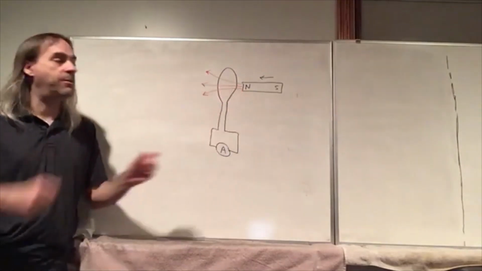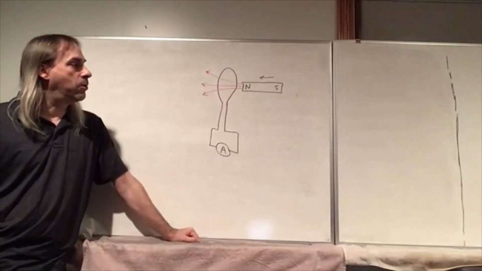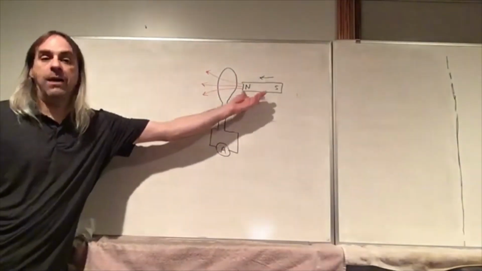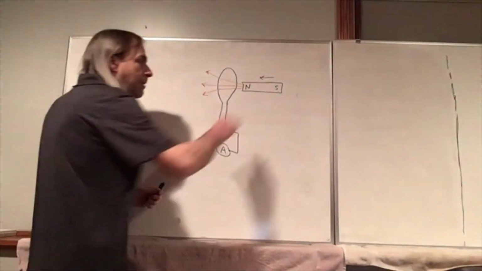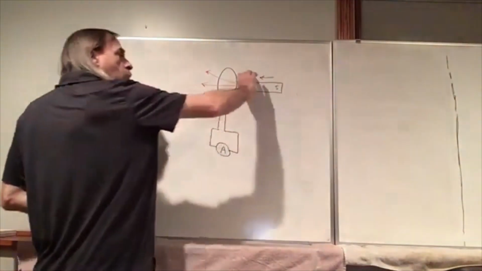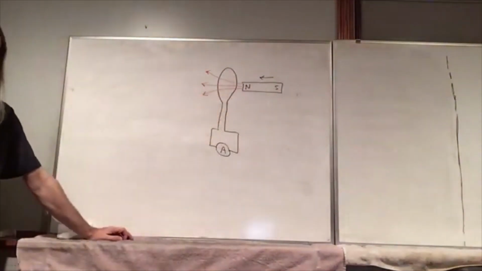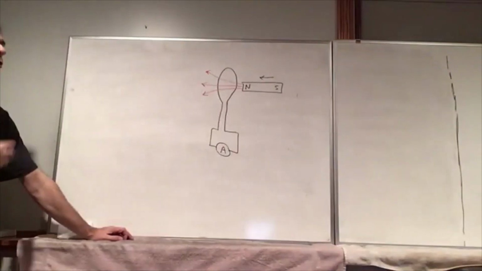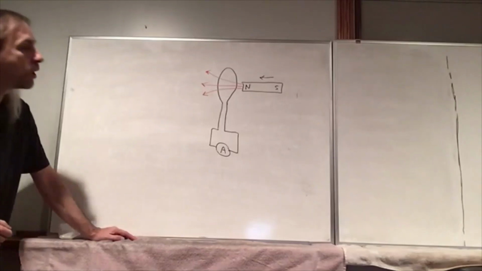There will be a force between the coil and the magnet, and that would cause the magnet to slow down. So it would be losing kinetic energy. Or alternatively, if you're grabbing the magnet and pushing it, there's going to be a force opposing that due to the creation of this current, which creates its own magnetic field. And so, it's not a source of free energy.